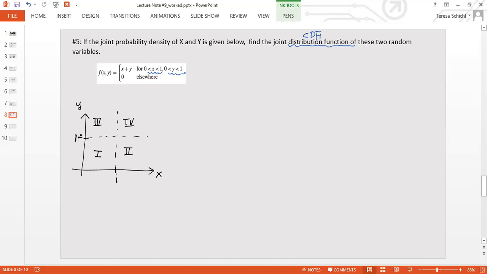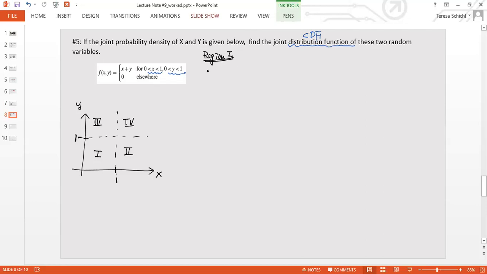Now let's take a look at region number 1. That means X is in this region, right?